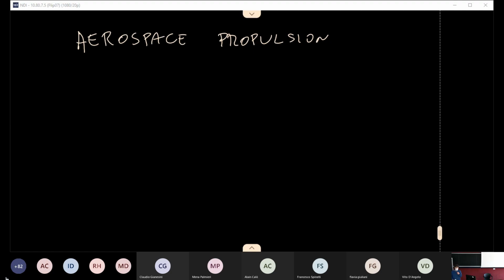I would also like to make a classification of the different kinds of propulsion devices that we are going to consider. And then at the end, I would like to underline some specific aspects of rocket propulsion devices towards thrust generation.